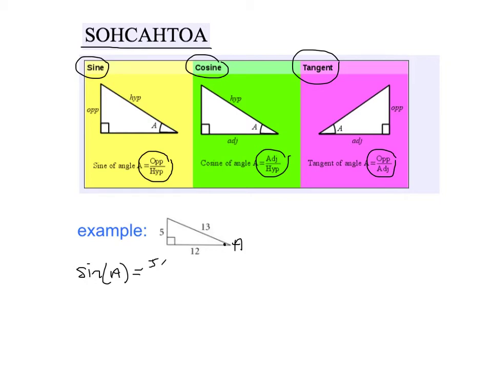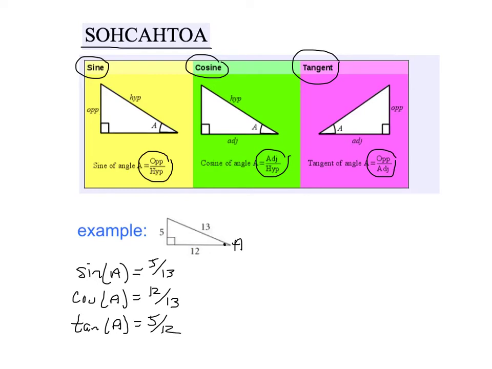So 5/13. The cosine of A is adjacent, so the one next to, divided by the hypotenuse, so 12 over 13. And then last, the tangent of A is opposite over adjacent, so 5 over 12.